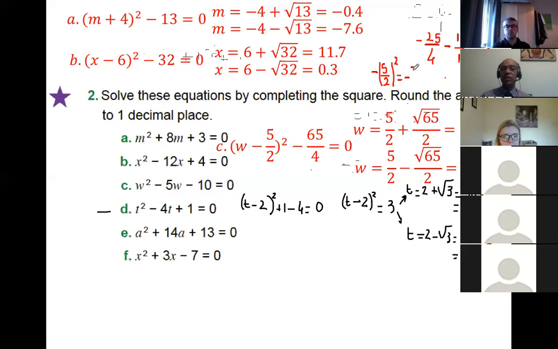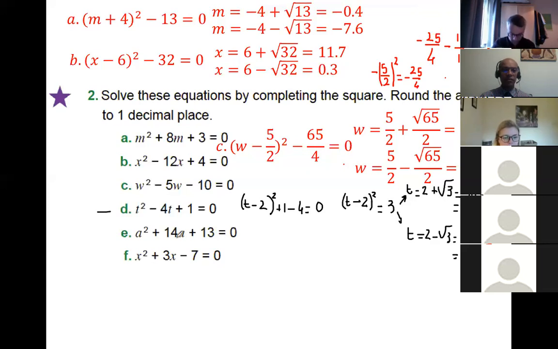And then you deal with the other side as well. Yeah, and you've got a minus 10 to that. Then you do your smile and kiss, cross and smile, and you get your negative 65 over 4 that you bring to the other side. So I think there's one in that list as well that is a bit like that.